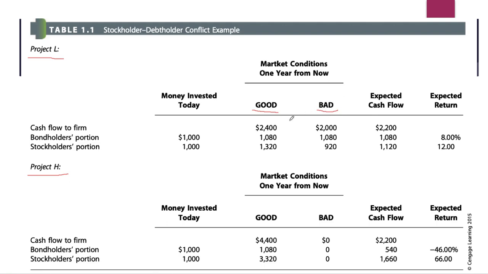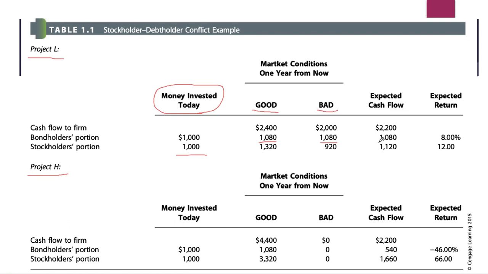So under the good scenario, and assuming that the money invested today is given as $1,000 for the bondholder versus the stockholder. As you can see, for the bondholder, they will get this 8% interest rate, fixed payment. So they will make this $80 at the end of 1 year.